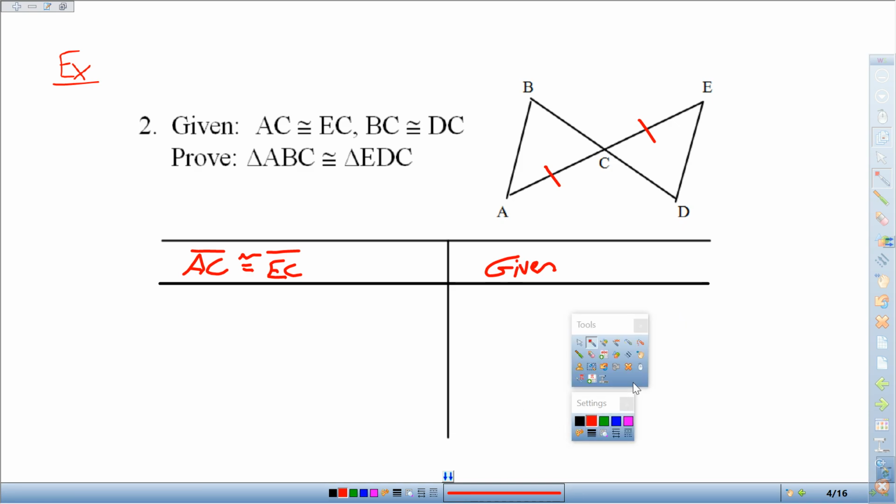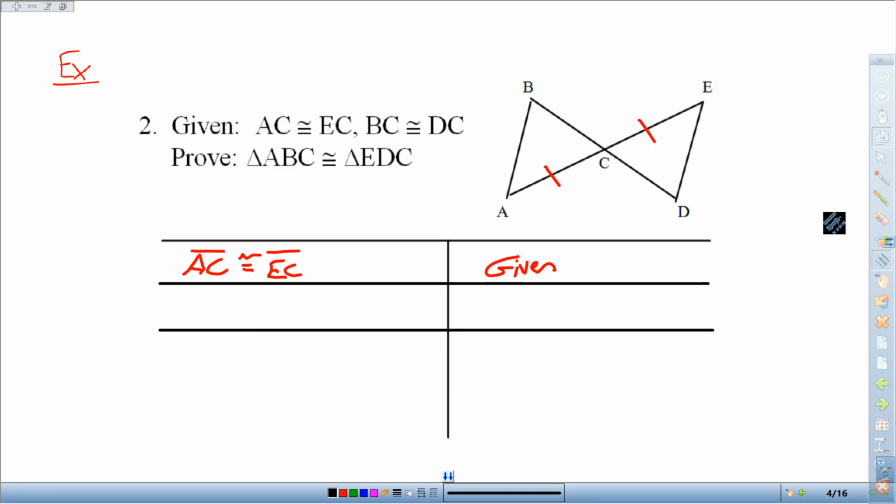That's all we can do with that. So moving on, we notice we have another given piece of information. BC is congruent to DC. So segment BC is congruent to segment DC. Why do we know it? They gave it to us. Let's go ahead and show it on our triangles. Here's BC is congruent to DC.